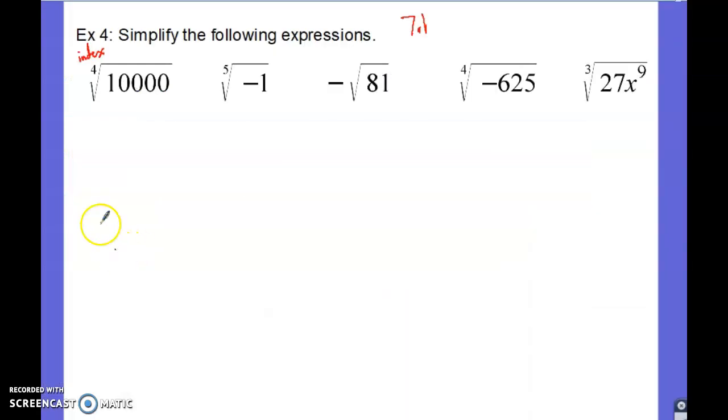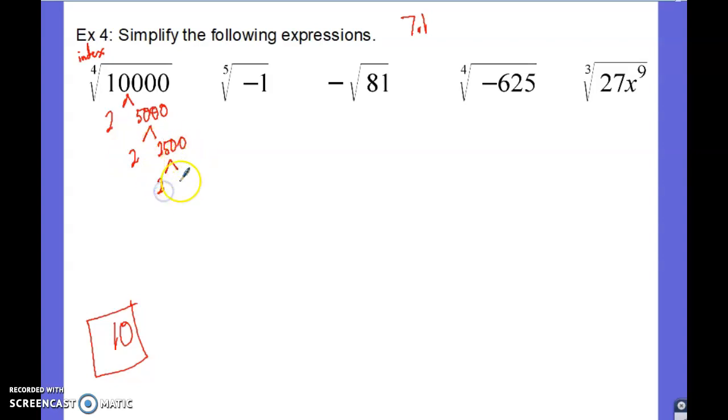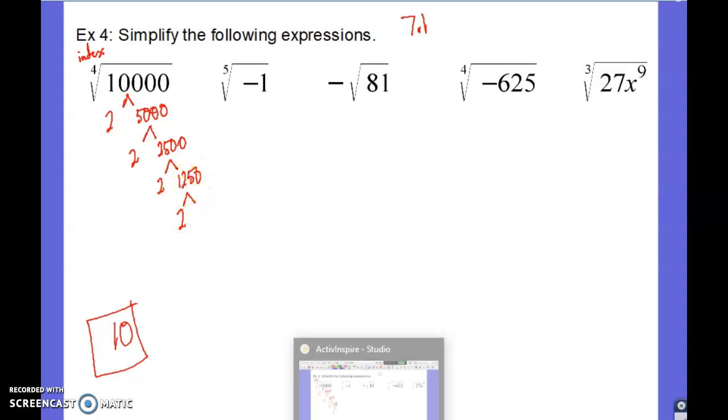Now I do want to point out, this answer is 10 if you're using a calculator, but you could also do a factor tree: 2 and 5,000, and then 2 and 2,500. Let's see, 2 and what would that be? 1,250, and then 2 and I'm drawing a blank.